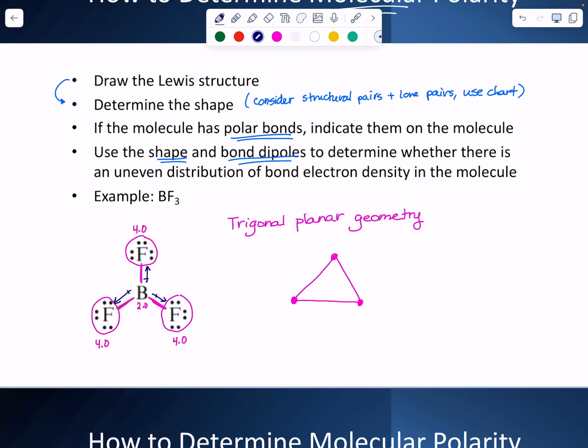So the question I have to ask is, is this a polar molecule or not? Imagine somebody in the center, and they're holding on to three ropes.